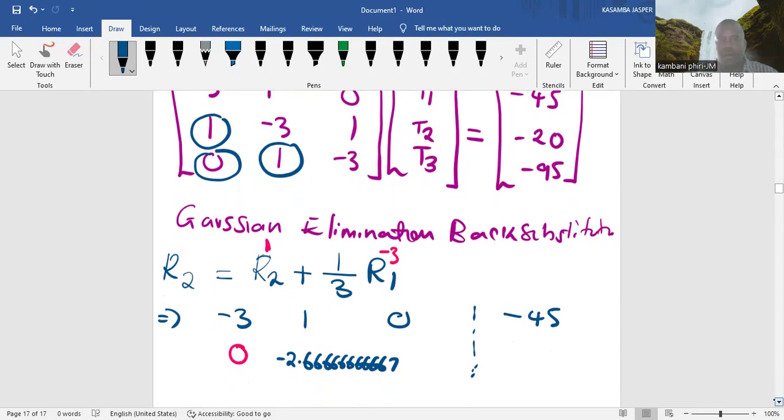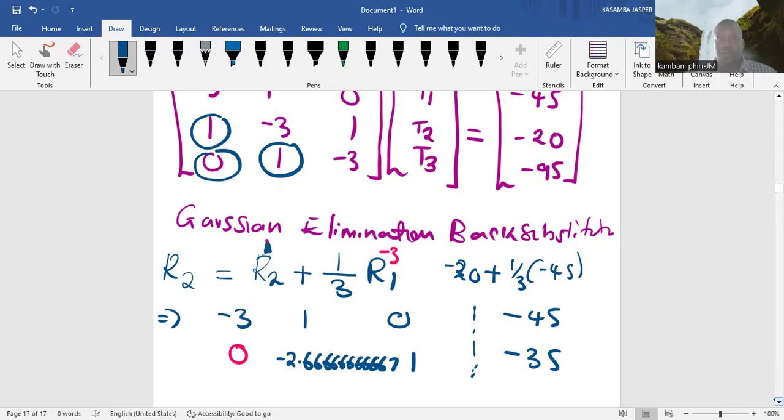Then for this one, if you put 1 here again, then here you put 0. You get your 1. Here you get negative 35. What do we mean? You say negative 20 plus 1 over 3 row 1, which is negative 45.